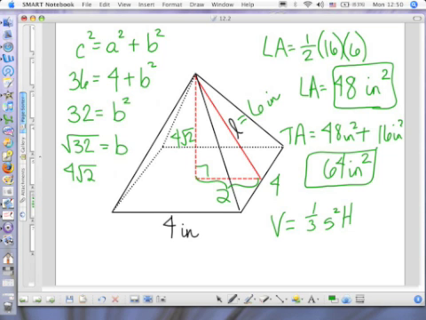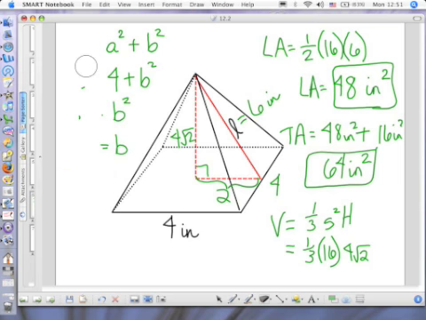So now I have everything I need to find the volume. Because the volume is equal to 1/3 the area of this square. What's the area of this square? 16. 16 times the height of the pyramid, which is 4 square roots of 2. And then you put that together. Well, 3 cannot reduce with 16 or 4, or the square root of 2.